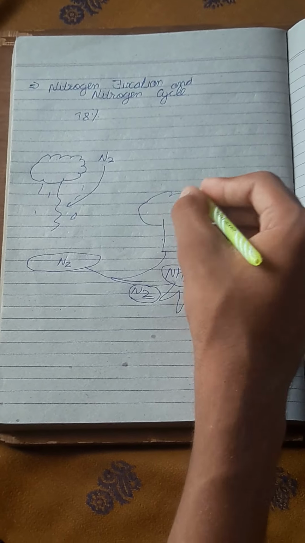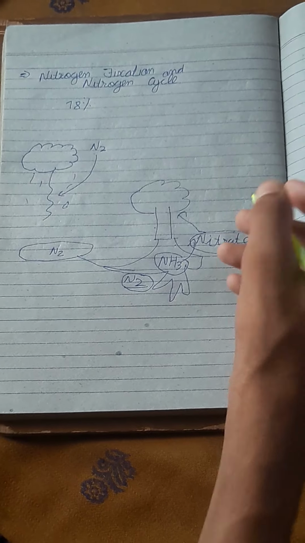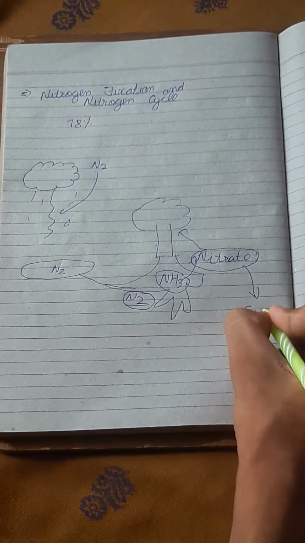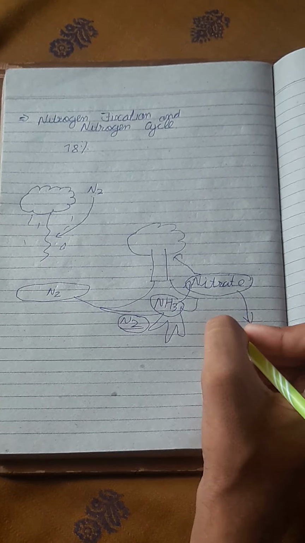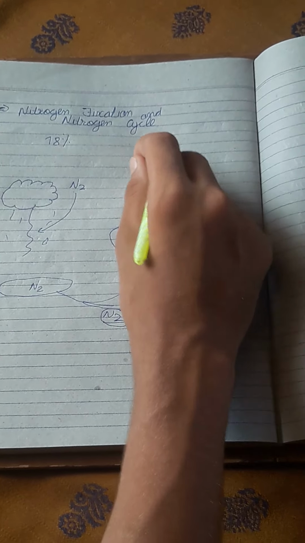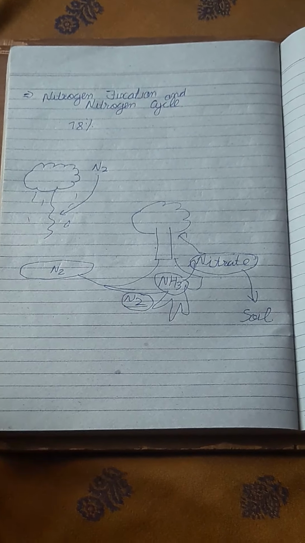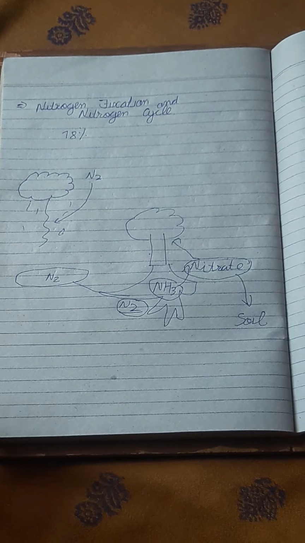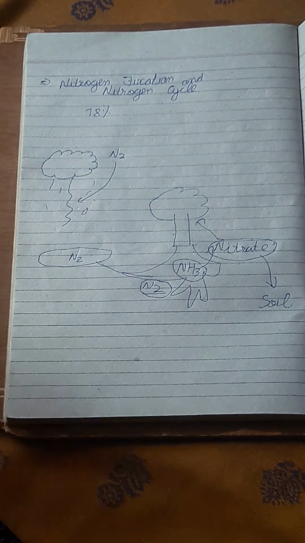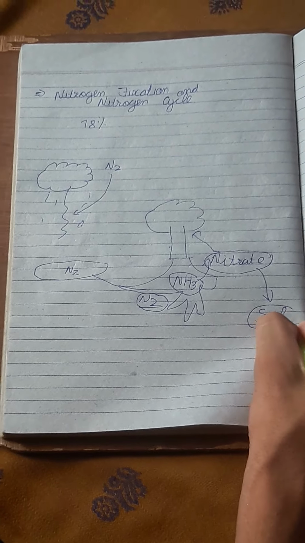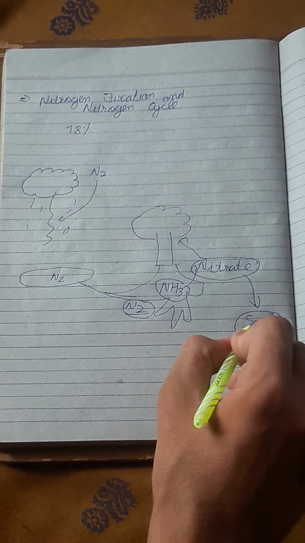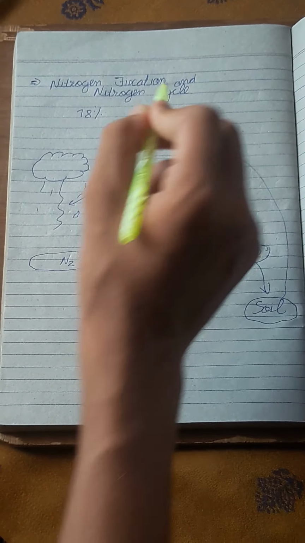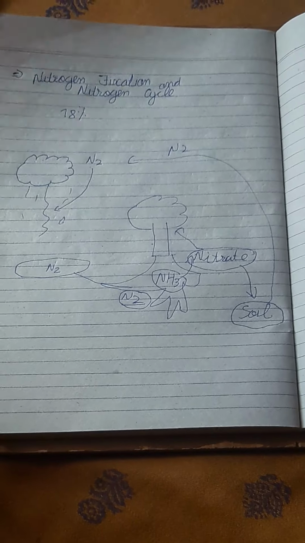The denitrifying bacteria in the soil and the water act on the nitrogen compounds, and they release the nitrogen into the atmosphere. There are a few sets of bacteria which convert the used nitrates again into the N2 form, which is the nitrogen form in the air.